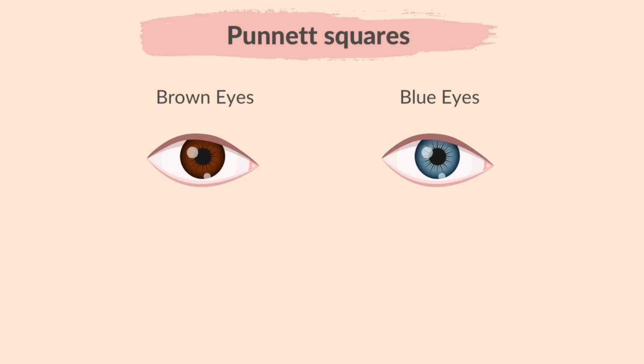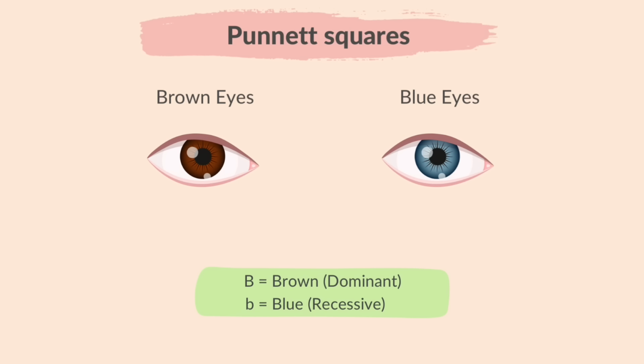For example, the human eye color is controlled by a gene that has alleles. One allele for this gene may code for brown eyes, whereas another allele may code for blue eyes. Say the brown eye allele is dominant and is shown as capital B. The blue eye allele is recessive and is shown as lowercase b.